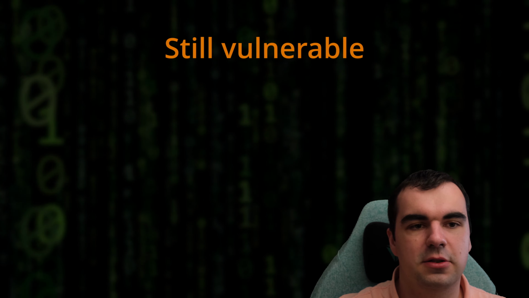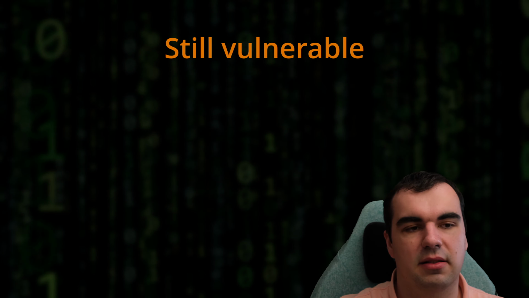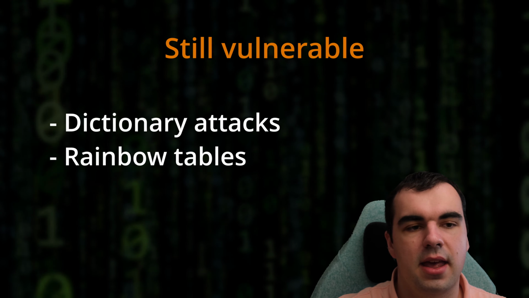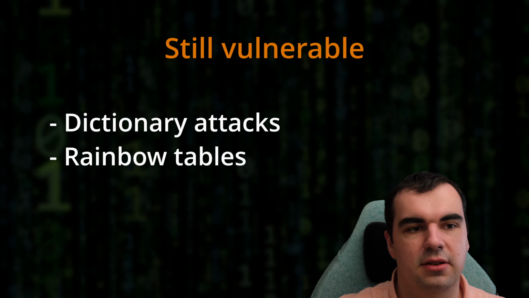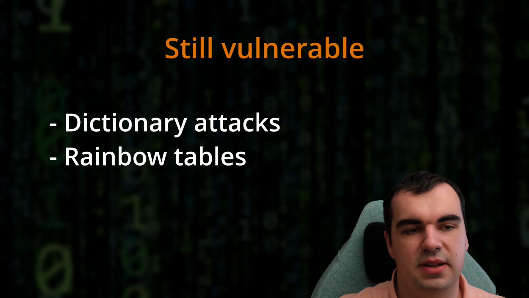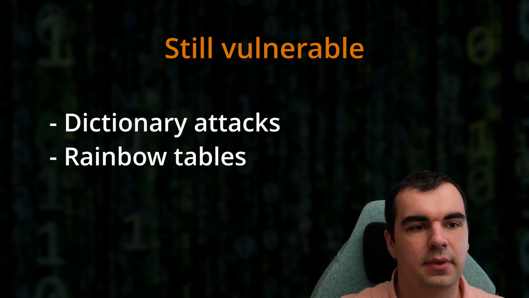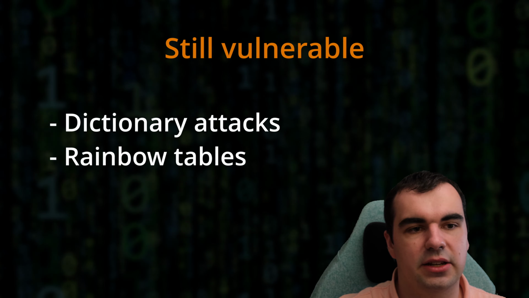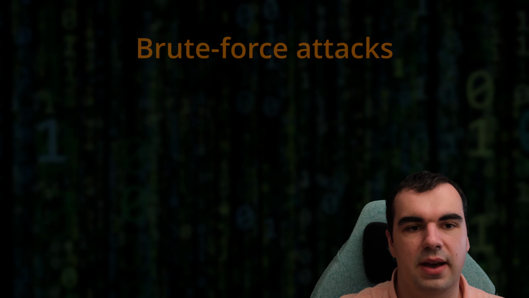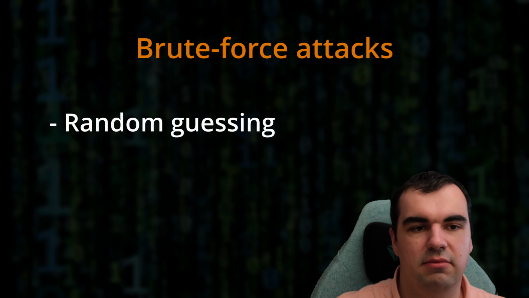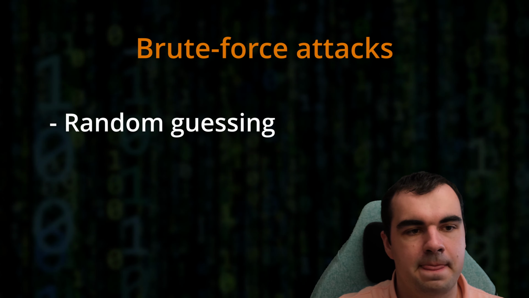Unfortunately, this still is not optimal, and still vulnerable to certain attacks like dictionary attacks and attacks using rainbow tables. If the hacker gains access to hashes from some website that you visit, they will try a few things. The simplest thing they can try is a brute force attack, which is where they just randomly try passwords and hash them to try and find a match.